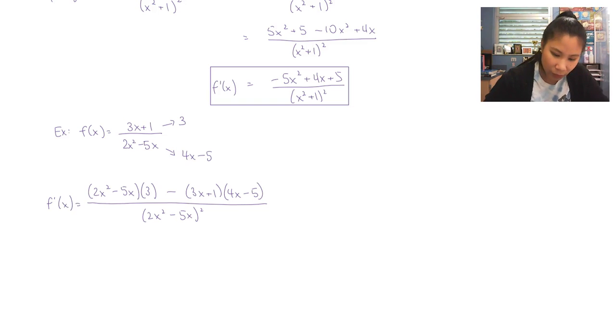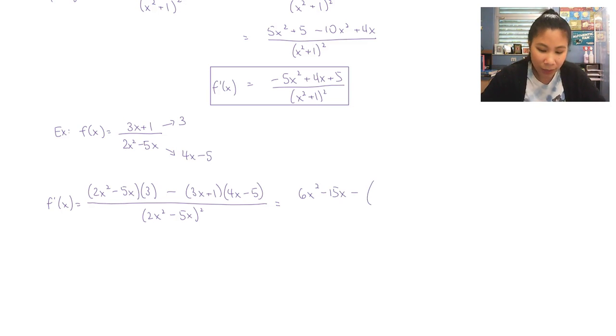Okay. So again, we're just simplifying by distributing the top and then combining like terms. So distributing that 3 will give me 6x squared minus 15x. Then I have a minus, and then the 3x plus 1 times 4x minus 5, I need to FOIL out. I generally like to keep things that I'm subtracting in parentheses first. That way I remember at the end to distribute my negative.